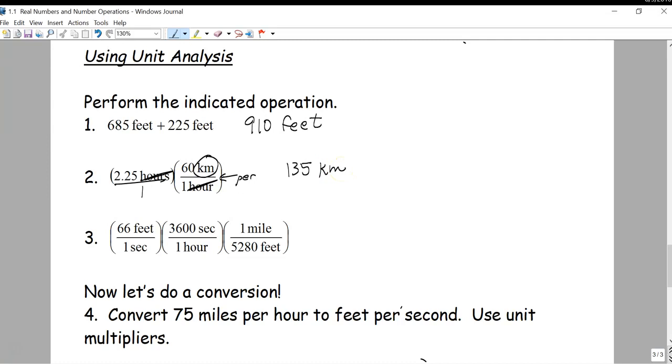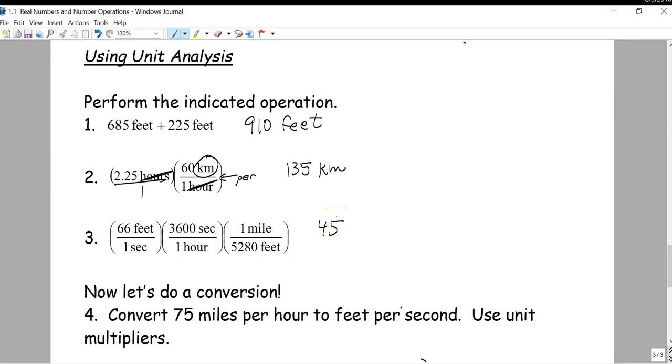And we're going to do the same thing for the next one. We are going to multiply across. I just say when we multiply fractions, and then we're going to divide. So we've got 66 times 3600, and then we're going to divide that by 5,280, and we get 45.